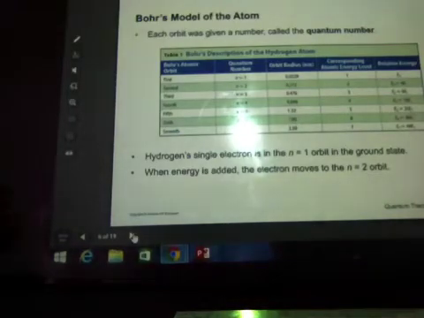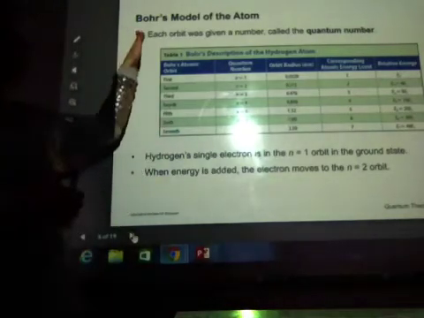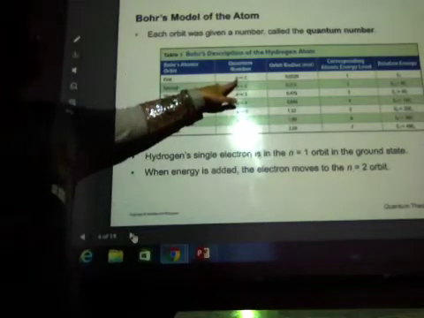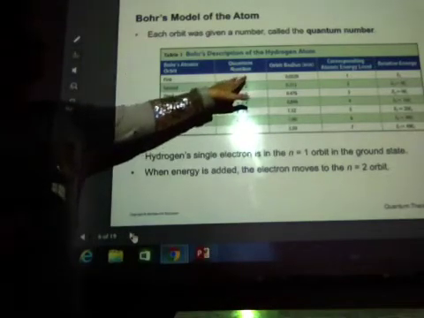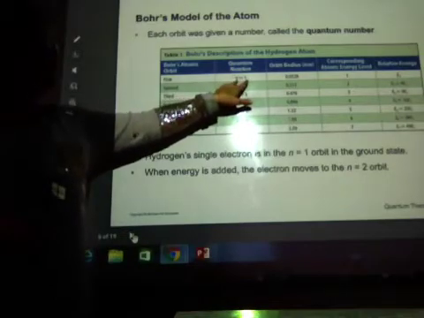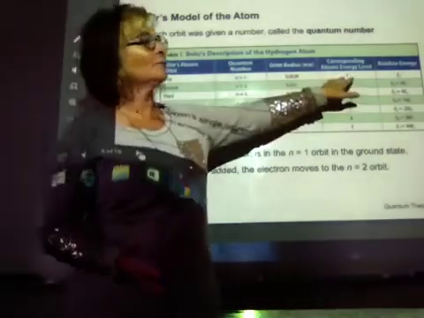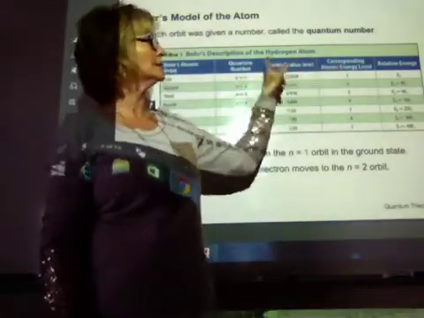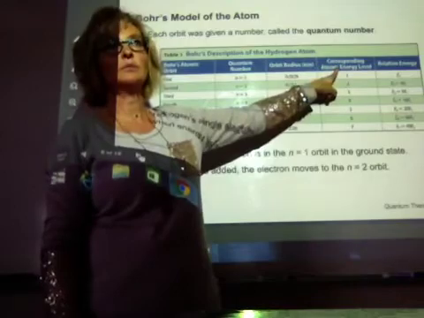Each orbit was given a number called a quantum number. And N stands for quantum number. If I have one quantum number, I'm going to have one energy level. So these two columns to me are the most important.